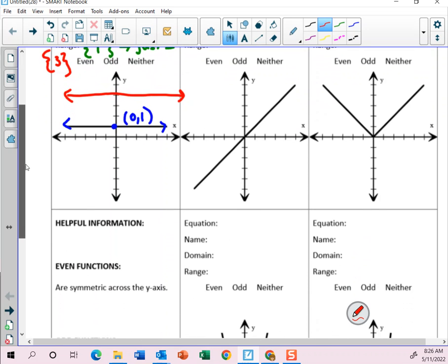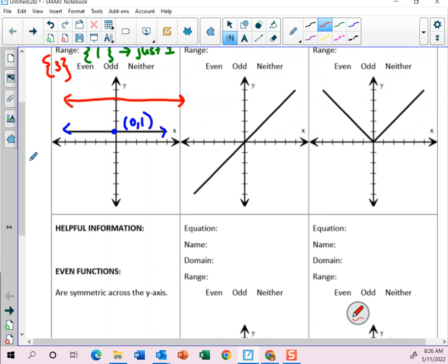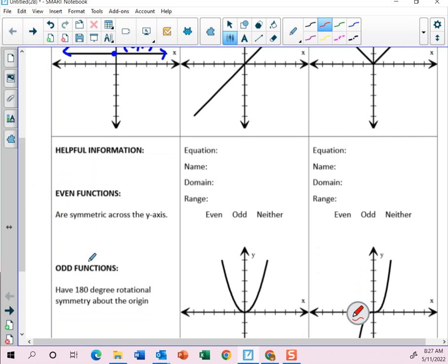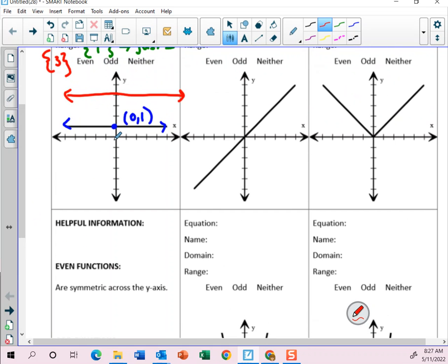Evenness versus oddness versus neitherness has nothing to do with exponents or any of that. Like even degree, odd degree, we know means certain things, but even and odd behavior is something different. Even and odd have to do with symmetry. An even function has symmetry along the y-axis, where the y-axis essentially acts like a mirror.